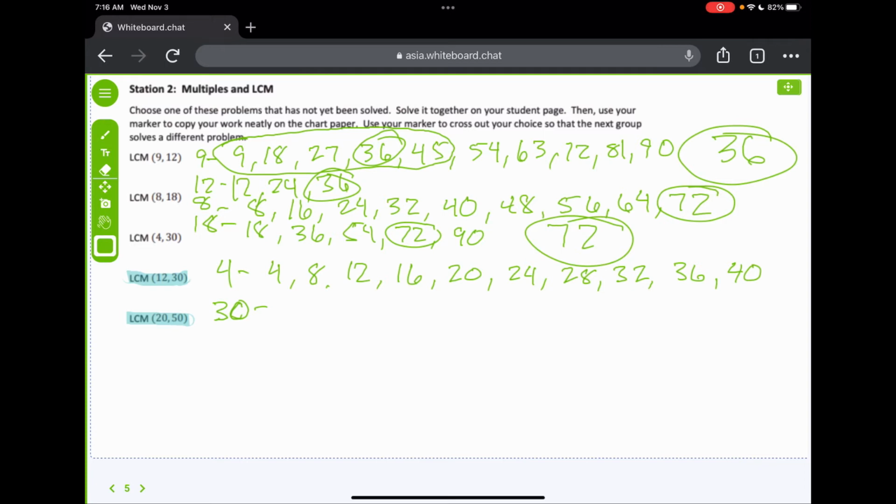And now, here's the problem. I know that's not going to work because 30 is going to be 30, 60, 90, 120. So let's just do 4 of those.